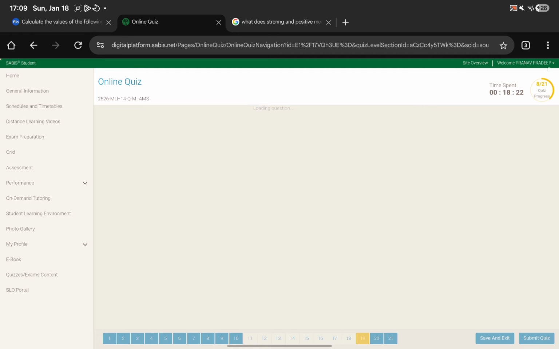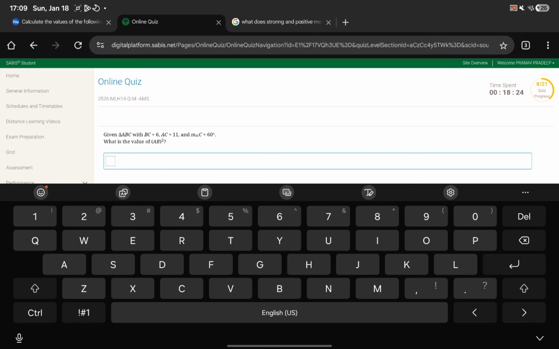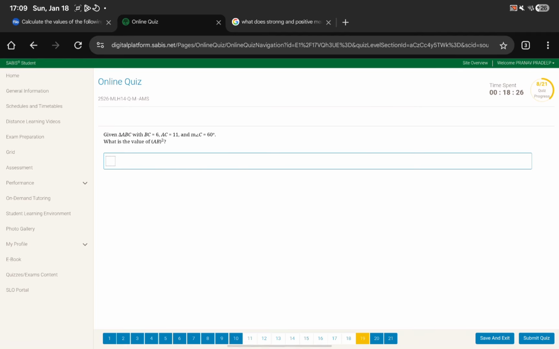Okay, question 19. Here again we have to draw some stuff. Triangle ABC, with BC equals 6 and AC equals 11 and measure of angle C equals 60. What's the measure of AB? Again, now we have to use the cosine rule.